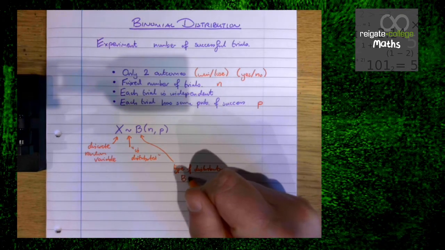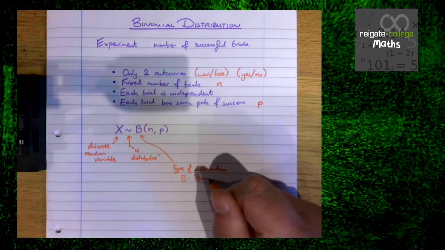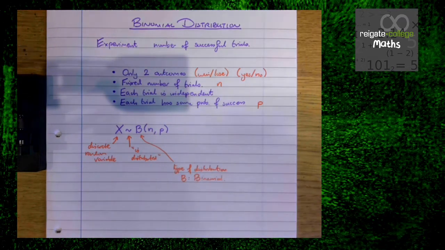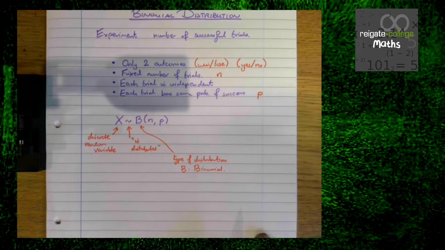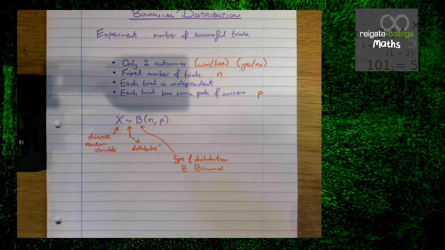So B for binomial is the one you look at in the first year. In the second year, you look at what's called the normal distribution. And if you start doing some of the more advanced statistics in the further maths, you may well look at the Poisson distribution. Depending on what distribution you use, you change the letter.